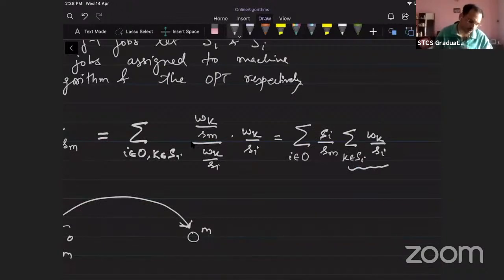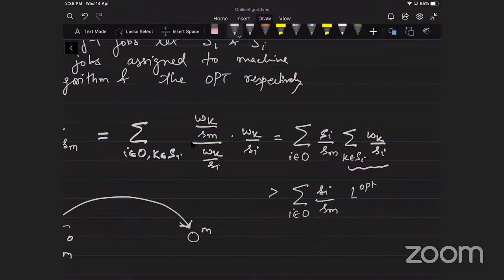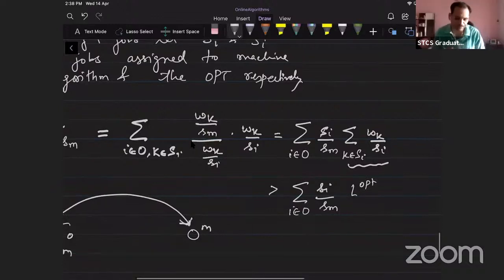You're right that this is the load of machine i, where i belongs to O, and by definition of O, this quantity is greater than LOPT. Everybody agrees? Yes. That's all. I'm just making very simple improvements to what I'm trying to do using my definition.